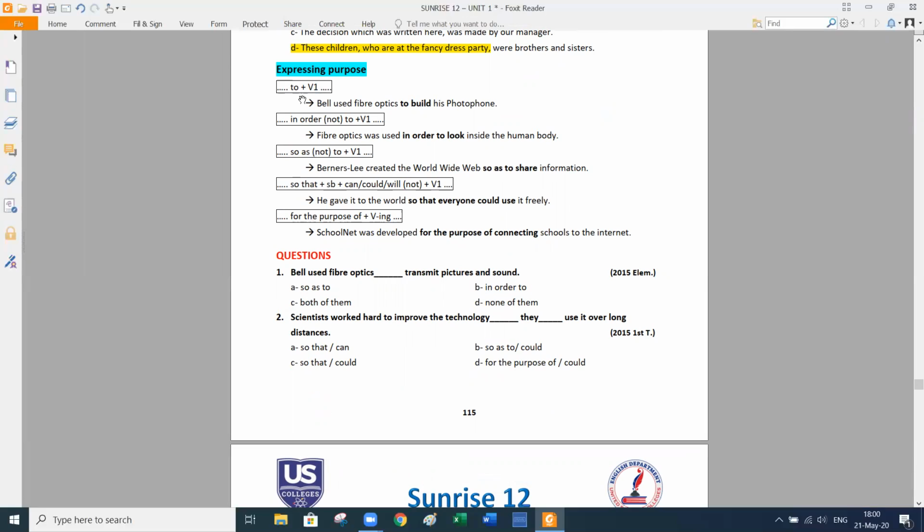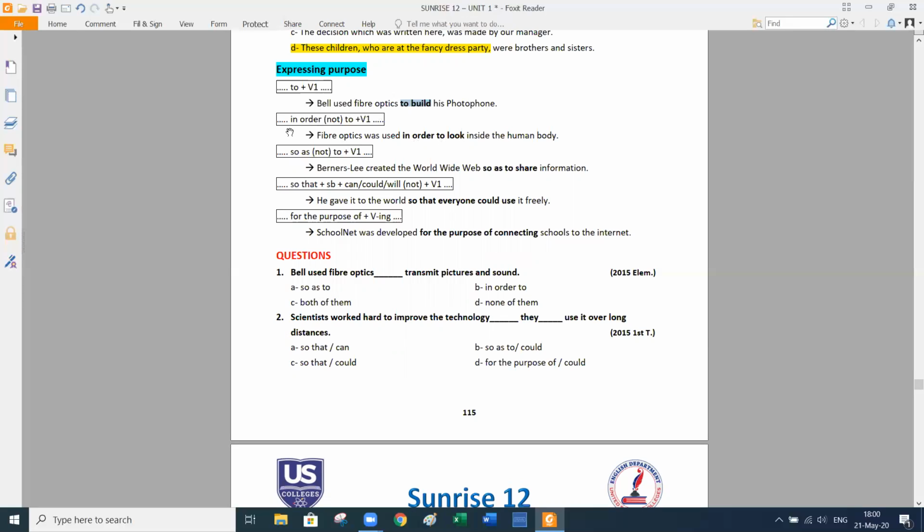The first structure is simply the infinitive form with to build. We can use the infinitive with to talk about the purpose of something. For example, Bell used fiber optics to build his photophone. To build his photophone, that's the reason, that's the purpose, okay? So we are expressing the purpose of using the fiber optics in the sentence.